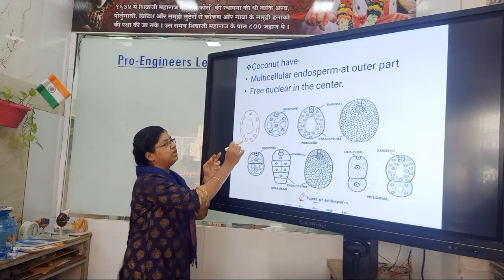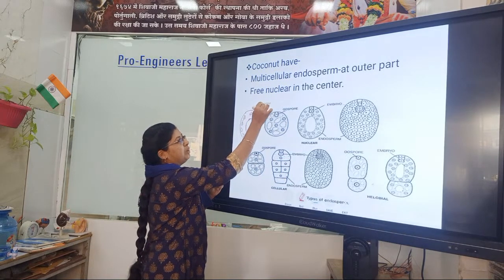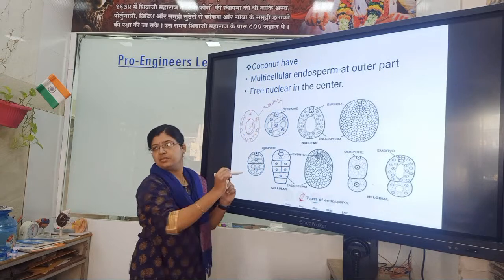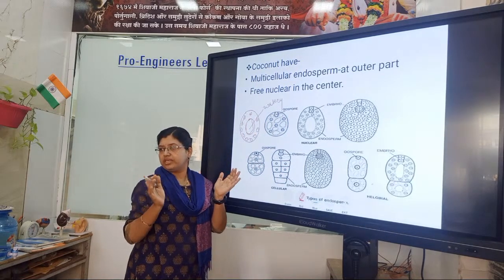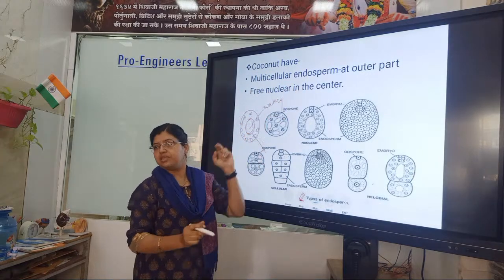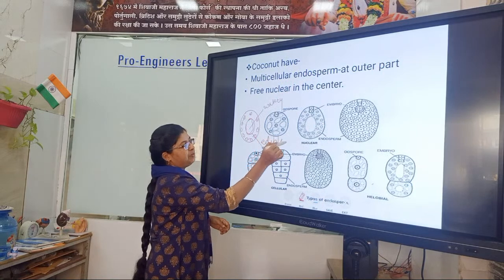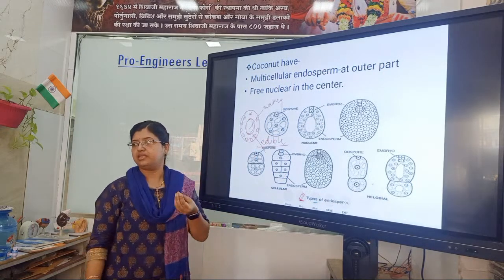So the vacuole at the center means the watery part of the coconut, and the multicellular endosperm is its edible part, the part which we ate.